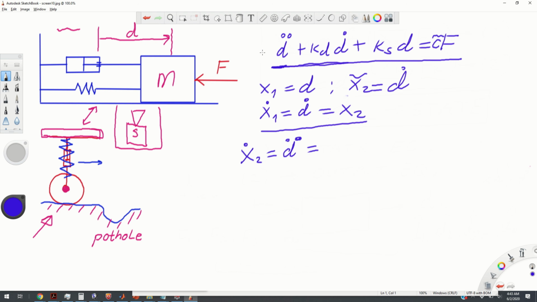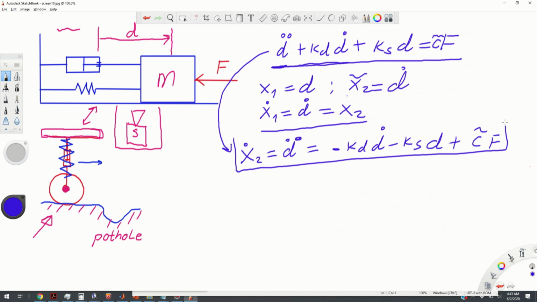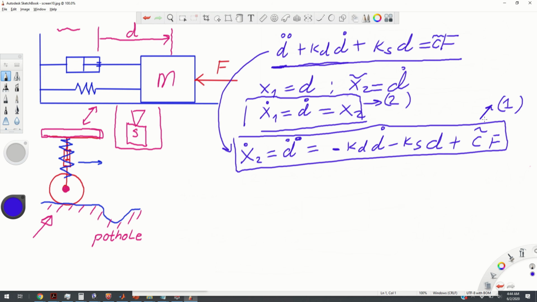And from the first equation, by substituting this equation into this equation, we obtain these two equations. This is the first one and this is the second one. These are two state equations.